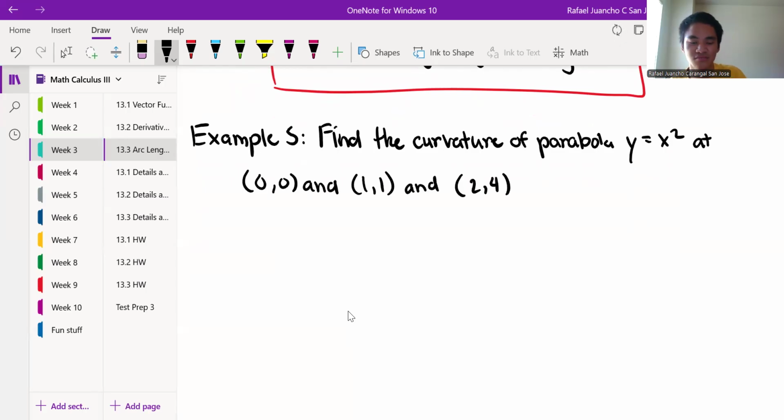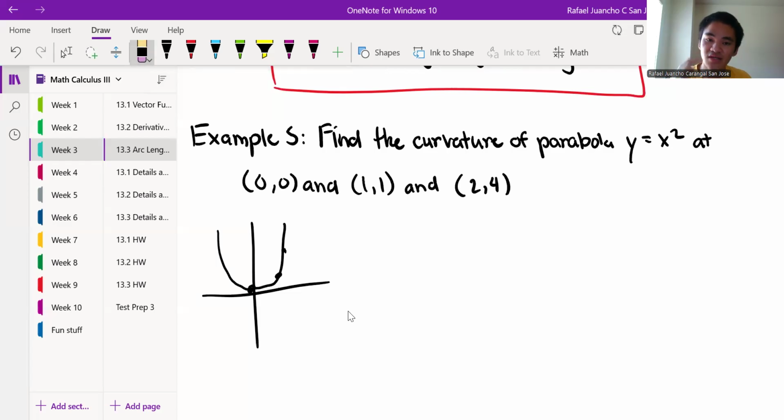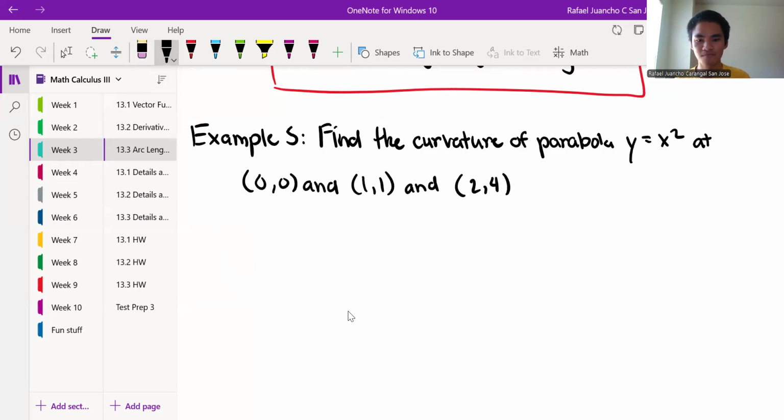So here we should see if we draw something, right? 0, 0, maybe 1, 1, 2, 4. The curvature, as it goes to these points, should be increasing, right? From intuition.